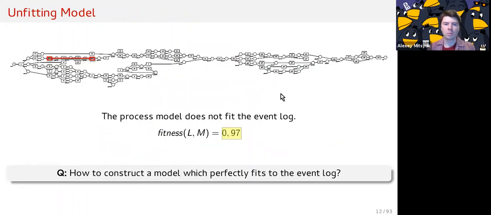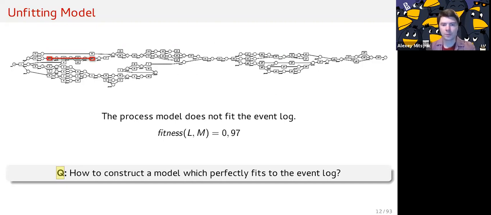Because if we ask a human to repair such a model, he or she will just swap these two transitions backwards and will easily repair such an example, and will preserve most of the model structure.